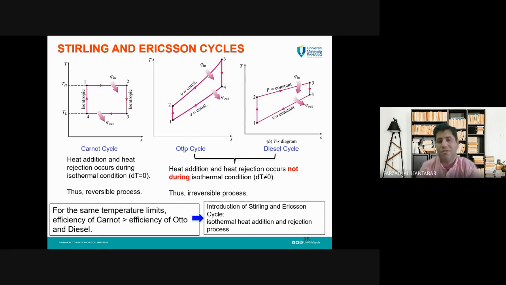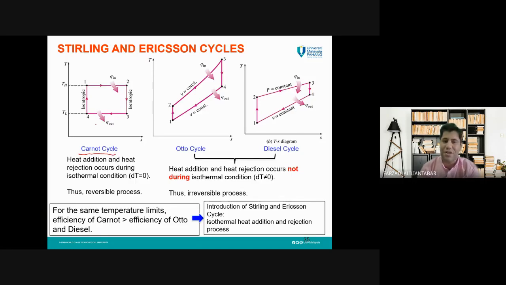We are interested in having a cycle with the maximum possible thermal efficiency. And if you remember, I told you that we can only get the maximum possible efficiency for a power cycle or gas power cycle when it is a Carnot cycle, or similar to a Carnot cycle.